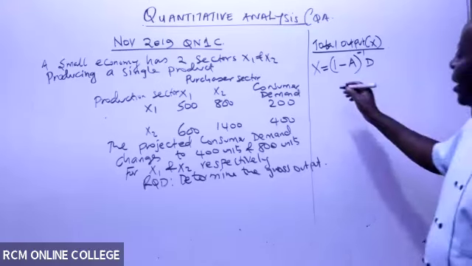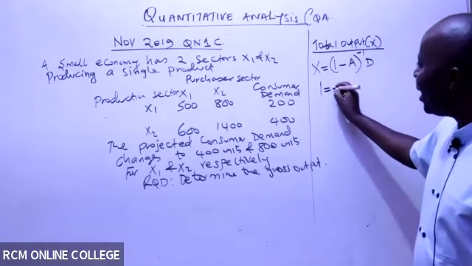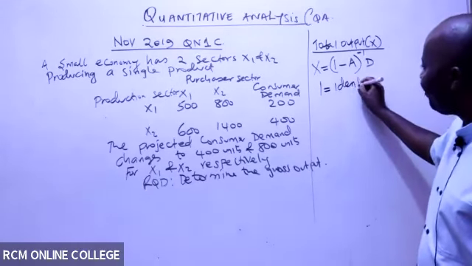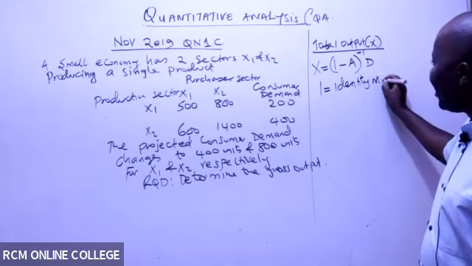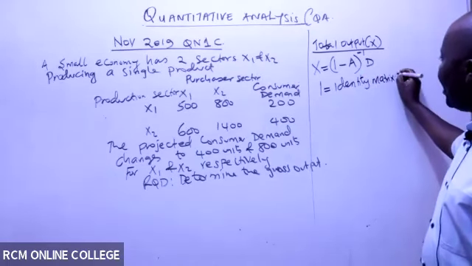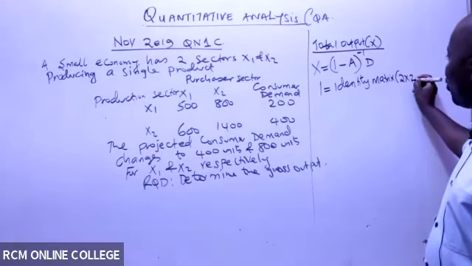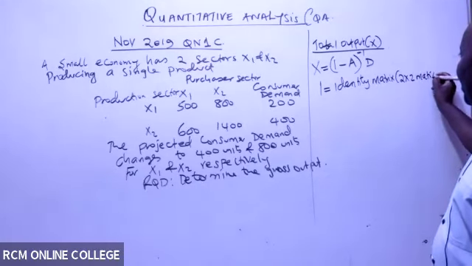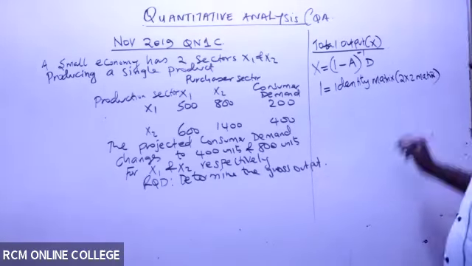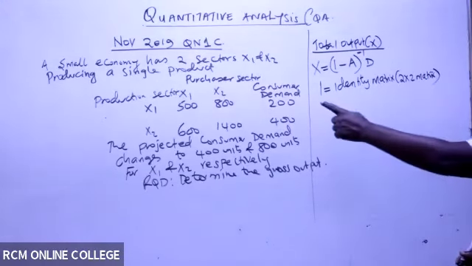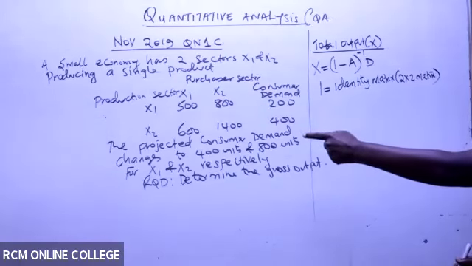So in this case, ladies and gentlemen, I is called the identity matrix, and it shall be a 2 by 2 matrix. Why 2 by 2? Because we have two sectors, X1 and X2.